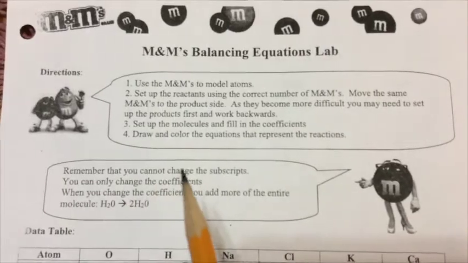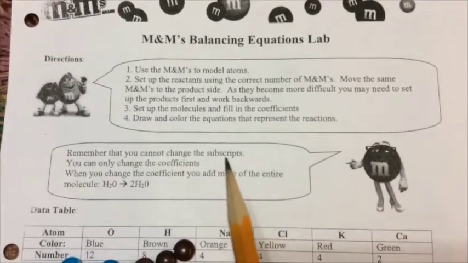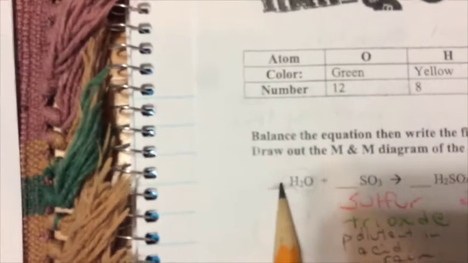Remember that you cannot change the subscripts. So what is a subscript again? The number in front of the molecules is the coefficient, and we can change that. That's why we left it blank, so you can write it in pencil, and if you make a mistake, you can erase it and change it.